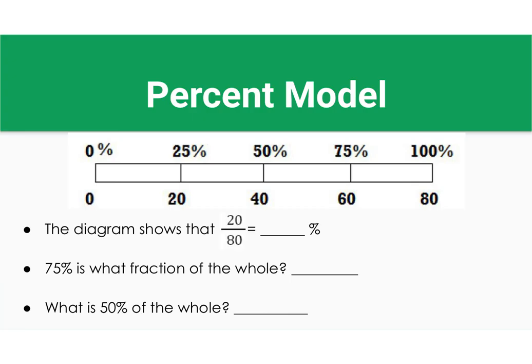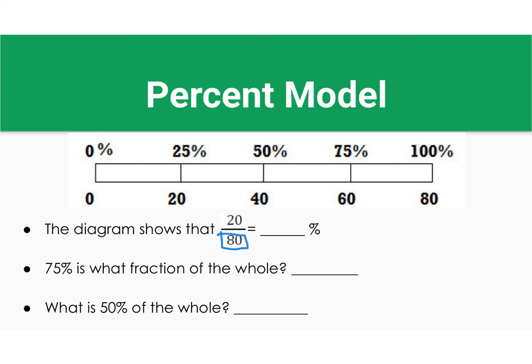Okay, a percent model. This is very similar to a double number line, where we take a number line and we put 100% all the way at the right. The diagram shows that 20 over 80 equals what percent? So our whole here is 80. So that's where we want to line that up with 100%. And then I'm going to divide 80 up into amounts.